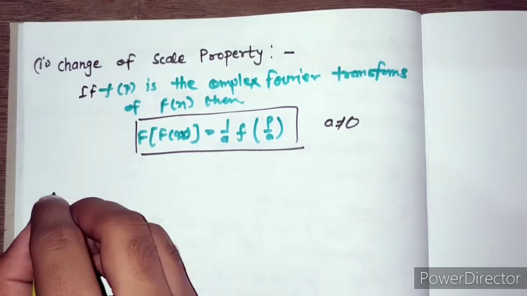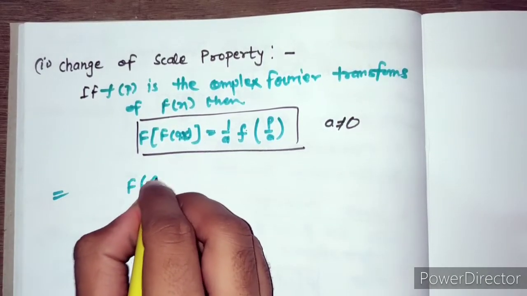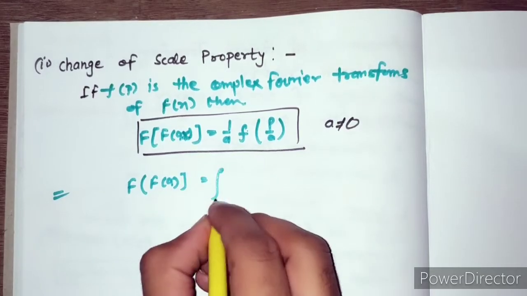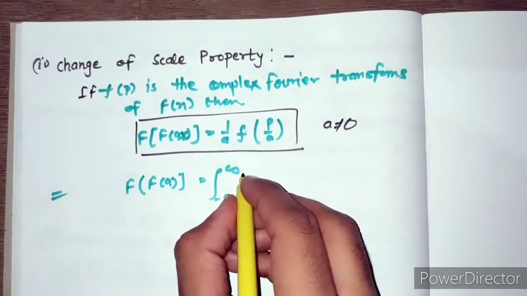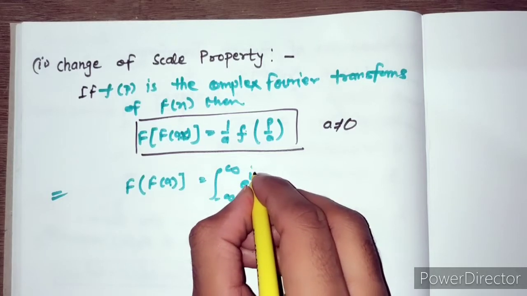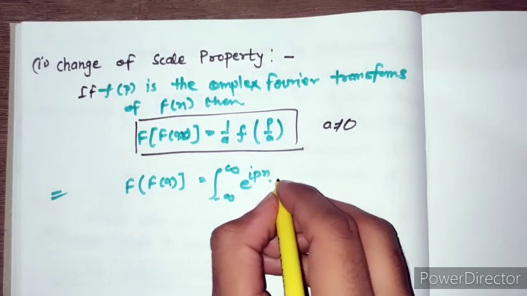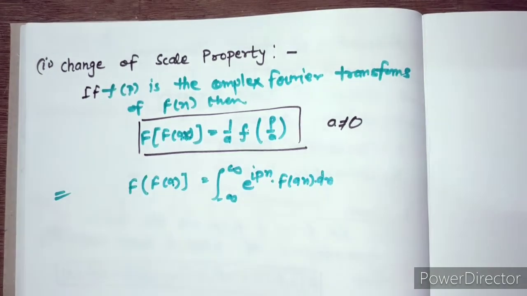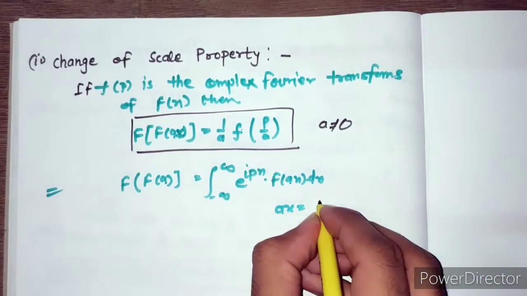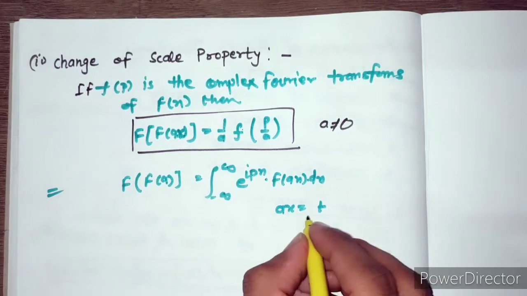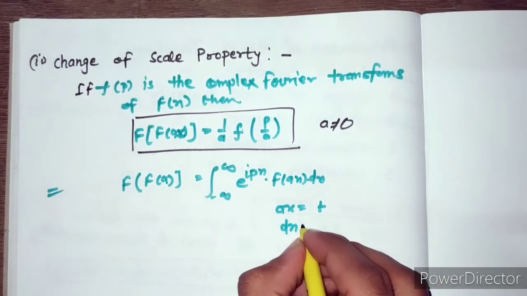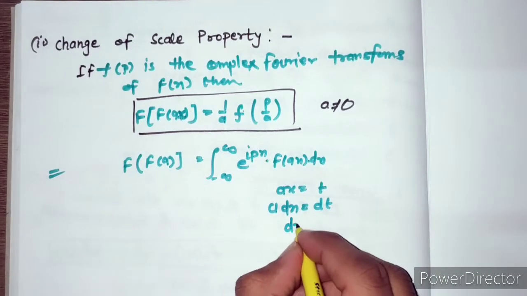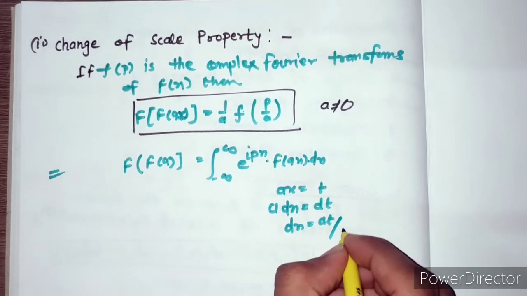This is the proof. The Fourier transform of f(ax) is the integral from minus infinity to infinity of e raised to ipx f(ax) dx. When you put ax equal to t and differentiate both sides, dx equals dt upon a.